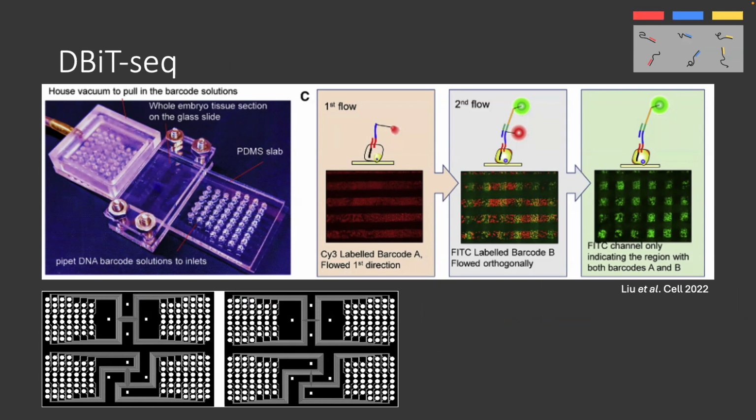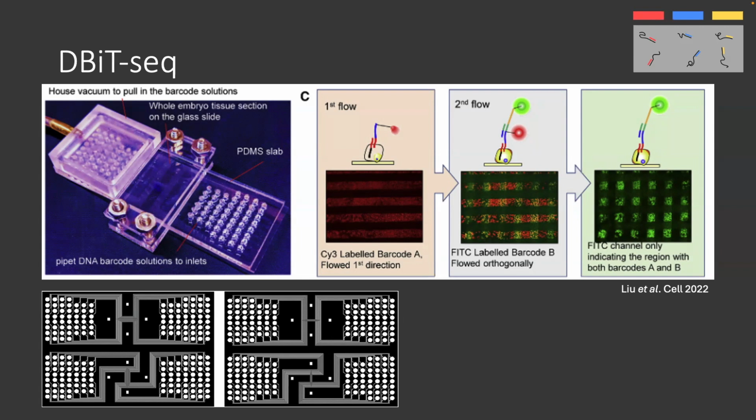These white blobs are basically like the wells where people put in a row or a column barcode, and they then get flown through these microchannels and across this bridge in the middle. This is where you would put your tissue. And you see that they have two chips, one horizontal for the rows and one vertical for the columns.